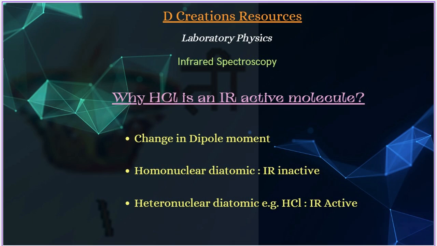If a molecular vibration causes no change in dipole moment, then a forced dipole moment oscillation cannot activate that vibration. So this leads to a selection rule: in order to absorb infrared radiation, a molecular vibration must cause a change in the dipole moment of the molecule.